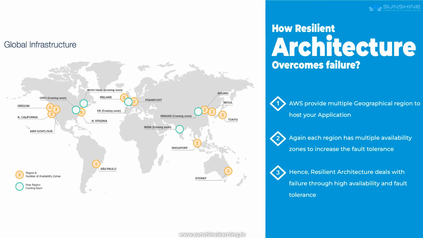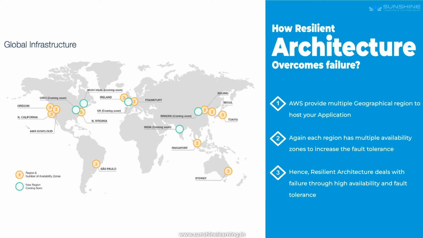That means, let's say you plan to create a solution on the cloud, you can select a region. Let's say I select the Mumbai region, and in the Mumbai region I have 3 availability zones. So I'll spread my solution in such a way that it is available in all the 3 availability zones, and that makes my solution a highly available solution.